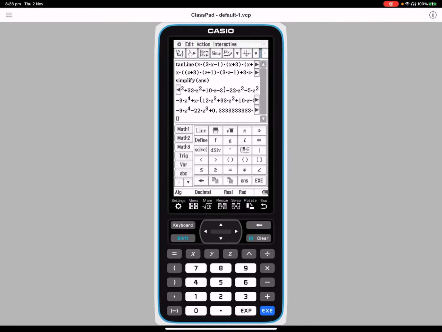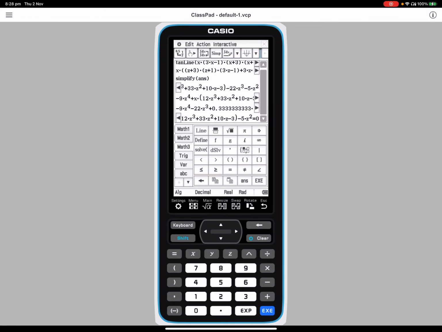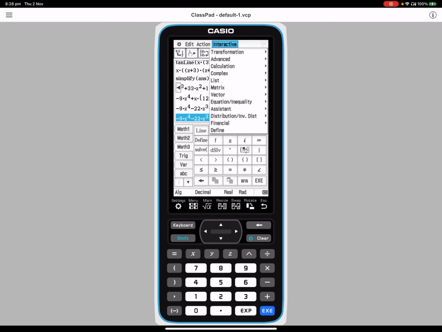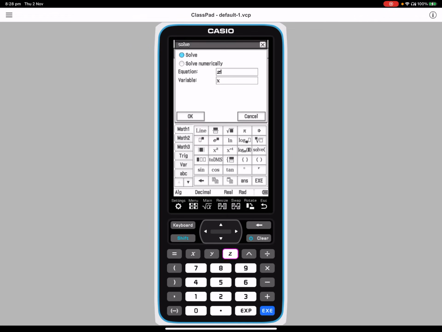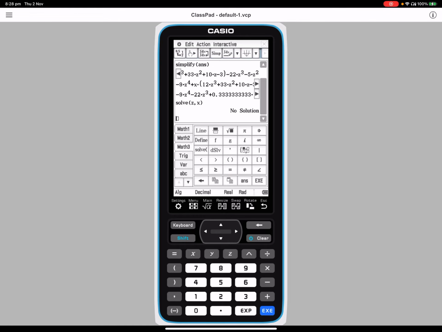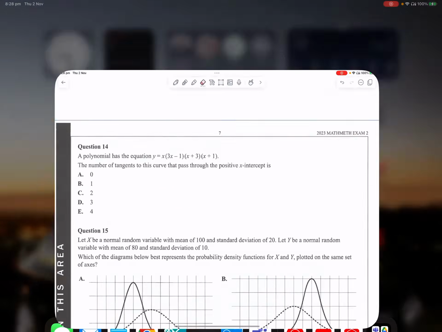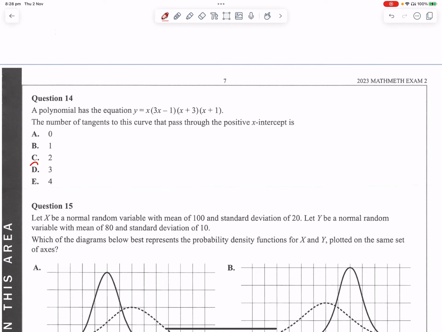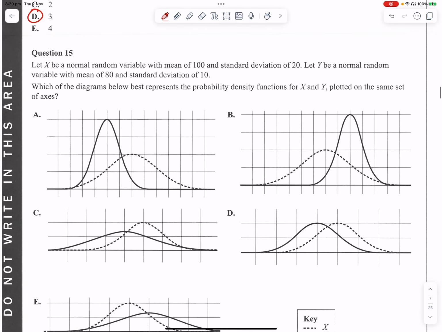Okay, and then if we solve that for z, we get 1, 2, 3 solutions. So at those 3 points, the tangent's going to pass through that.